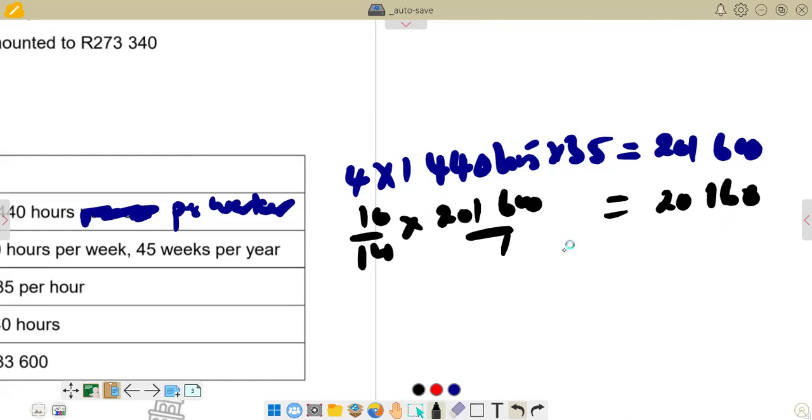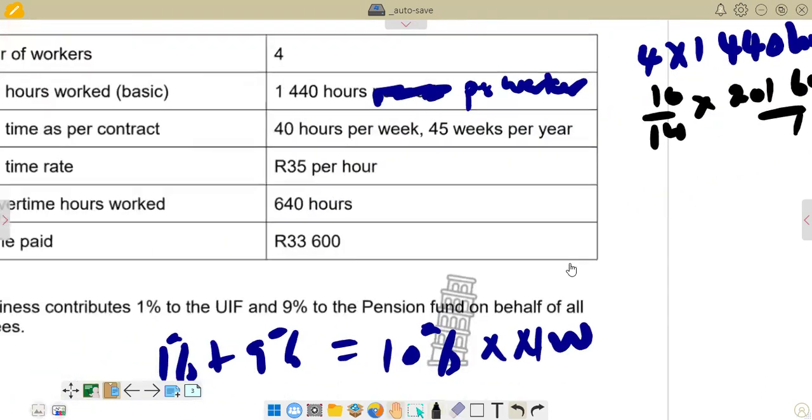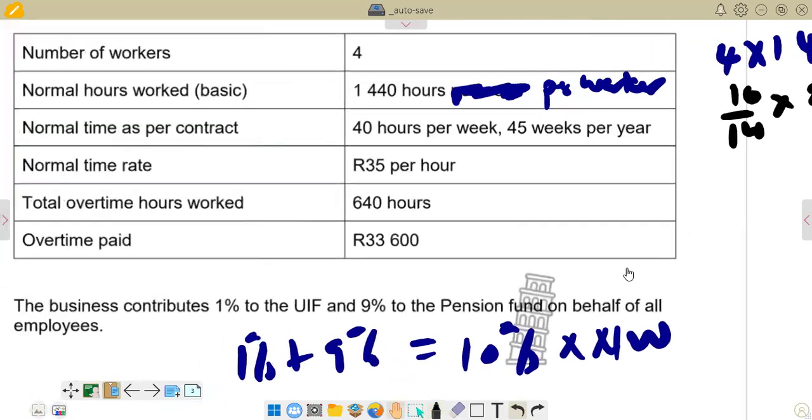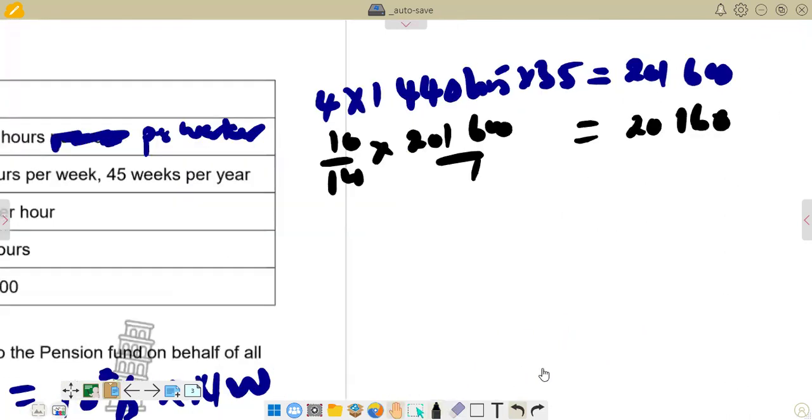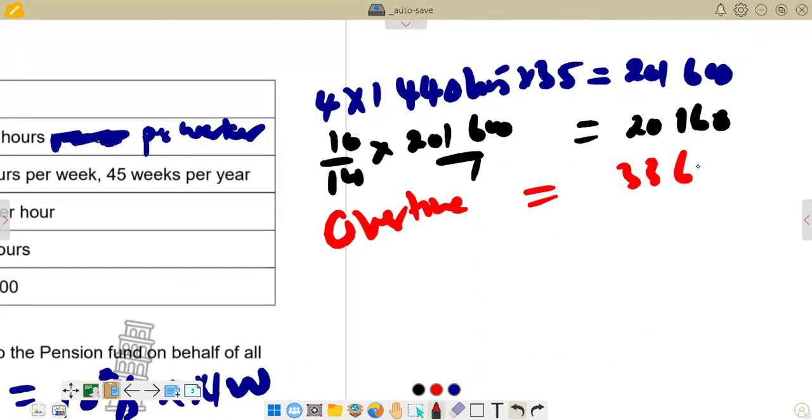And then on the last part, we have overtime, of which overtime we're given as a calculated figure, which is 33,600. If you come in, you see that our overtime is 33,600. So we just come here and put our overtime. Just come here and say overtime is equal to 33,600.